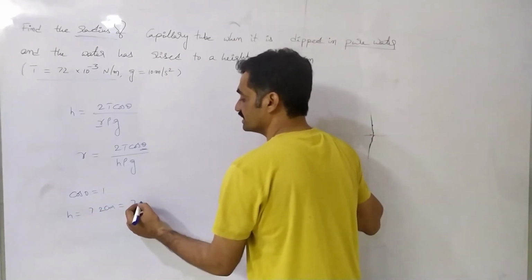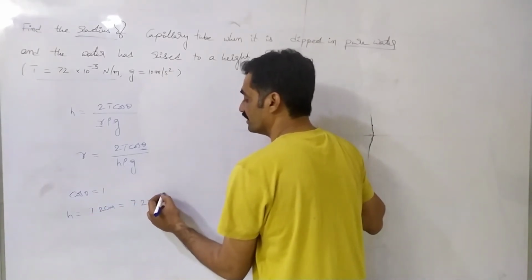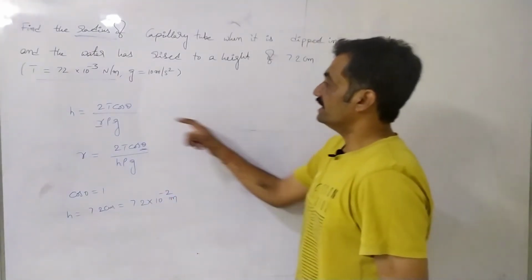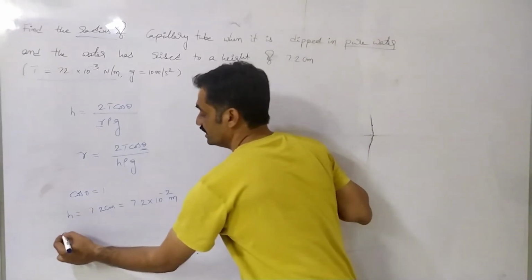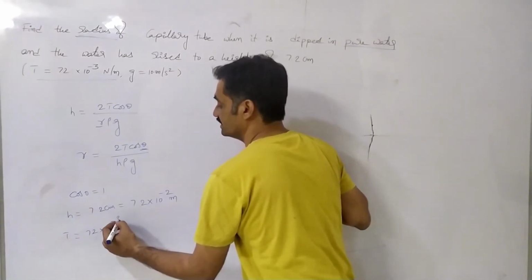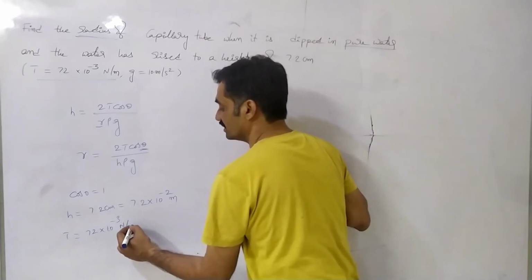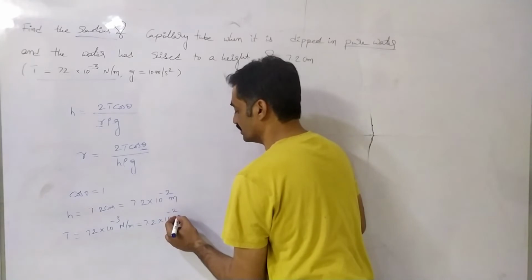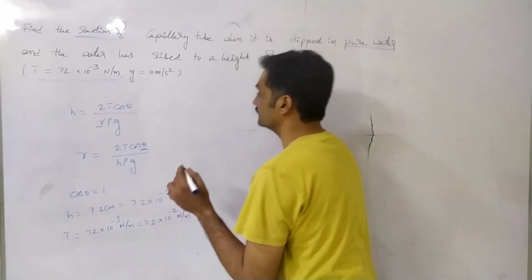So we can represent it as 7.2 into 10 to the power of minus 2 meters. And the surface tension T is equal to 72 into 10 to the power of minus 3 Newton per meter, or we can also represent it as 7.2 into 10 to the power of minus 2 Newton per meter.